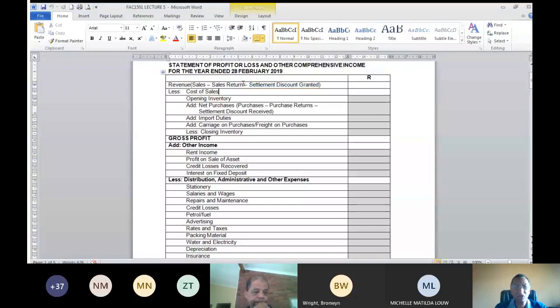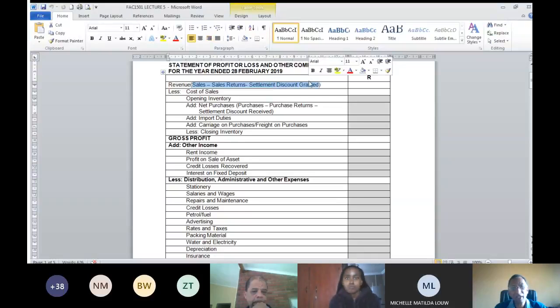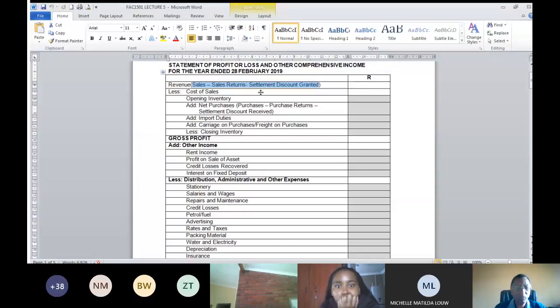Remember, settlement discount granted is also in some questions referred to as settlement discount allowed. And that will give you the amount of revenue. In an exam, guys, you need to show the calculation there. So you show the calculation of sales, sales returns, settlement discount granted, and that will give you the final answer for your revenue.